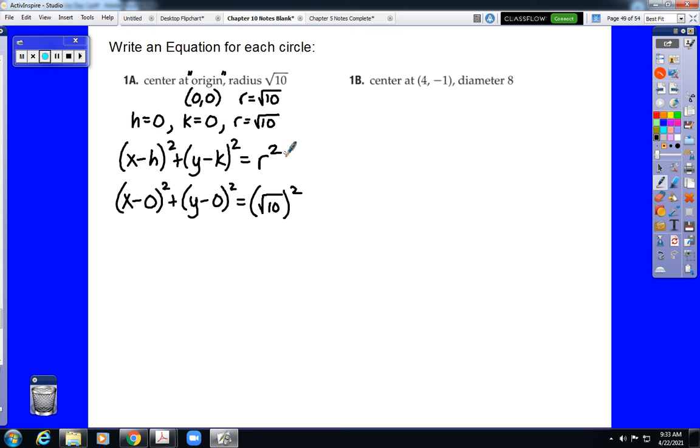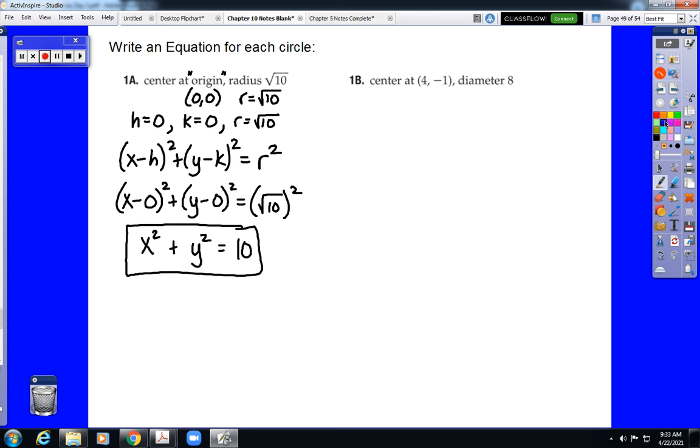Now again, we can clean that up. X minus 0, we don't need to write the 0. We can just leave that as x squared. Y minus 0, we can leave that as y squared. Equals the square root of 10 squared, which is 10. The root and the exponent cancel each other out, and our equation would be x squared plus y squared equals 10.